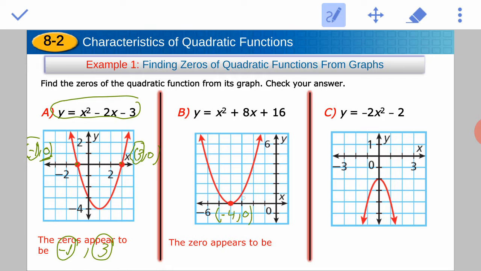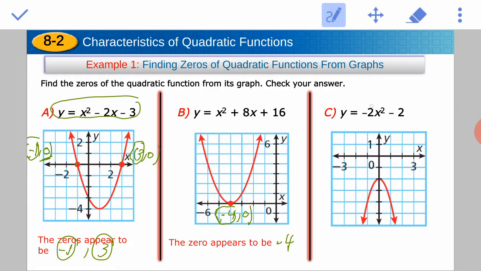So what makes this function equal to 0? The x value -4. So -4 is considered a zero of this function. If you input -4 in this function, the output y is going to be 0 because this parabola only intersects the x-axis at 1 point. So 2 zeros in part A and 1 zero in part B.